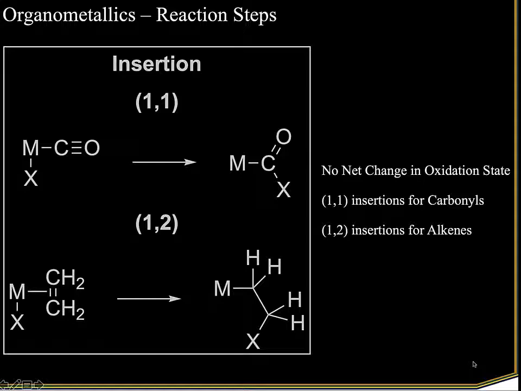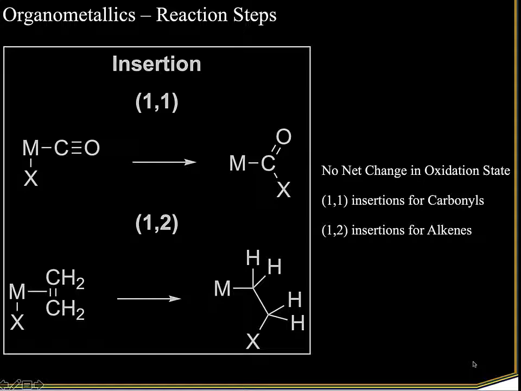Our metal initially has a single X-type ligand and an L-type ligand, traditionally either a carbonyl, like a carbon monoxide ligand, or an alkene, which is the pi complex. It undergoes this insertion pathway, the 1,1 insertion pathway or the 1,2 insertion pathway. 1,1 insertions happen on carbonyls, 1,2 insertion pathways happen on alkenes, traditionally.